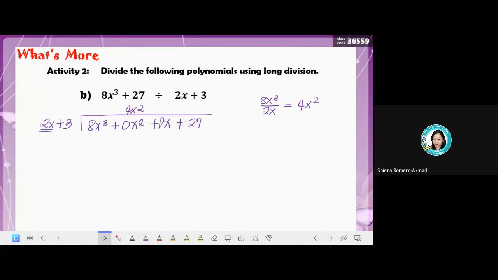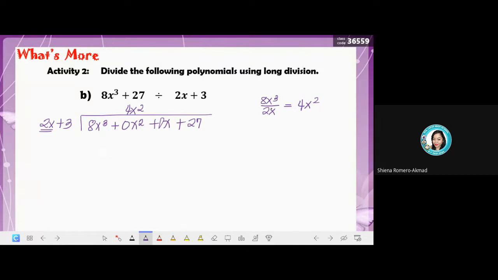FB Live, nagkagulo na. Wala na FB Live ko. Ay, hindi, meron pa rin. Okay. So, we'll continue. Habang kino-continue ko to, saksak ko siya. Ayan. So, dito na lang ako cellphone, mag-voice para hindi ako mag-lag.